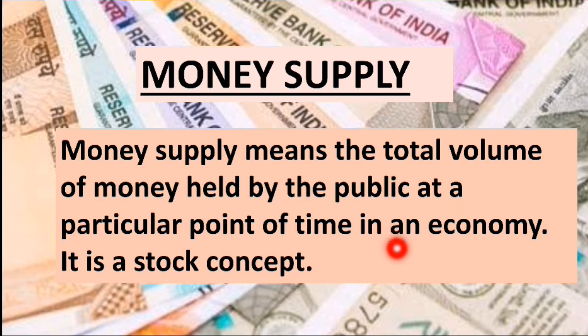And this is a stock concept because money supply changes simultaneously, because it is going from government to public, then again and again it is revolving, right? Because people are buying many services from the government as well, and the government is also taking many services from people. In return for that, the government is paying. So money supply is changing every hour, right? So since it is, that's why it is a stock concept, because we are asking for it at a particular time, at a particular minute, right? So I hope that this is clear to you.